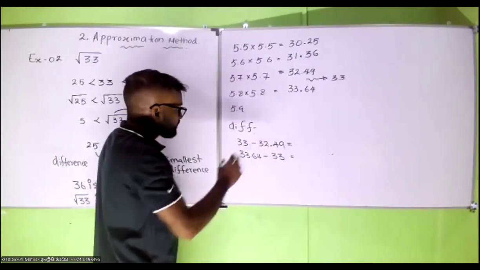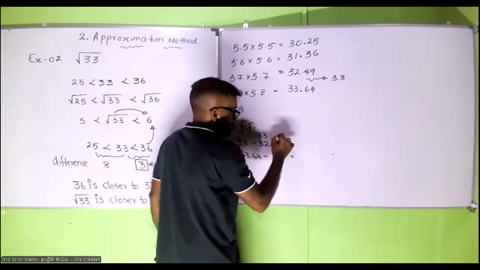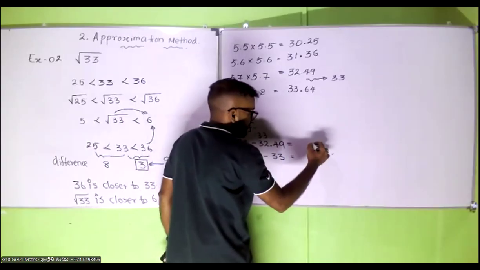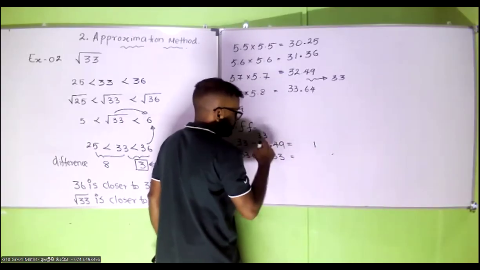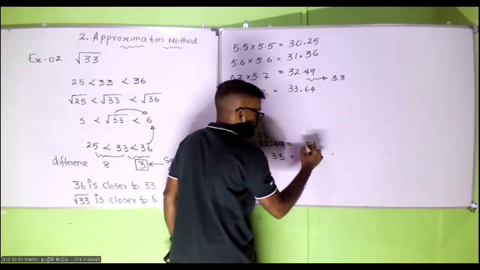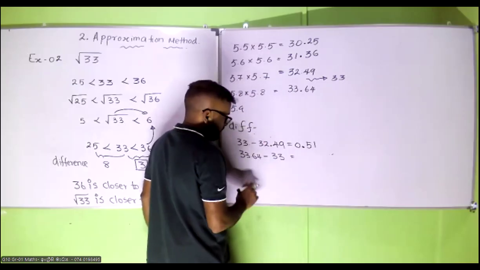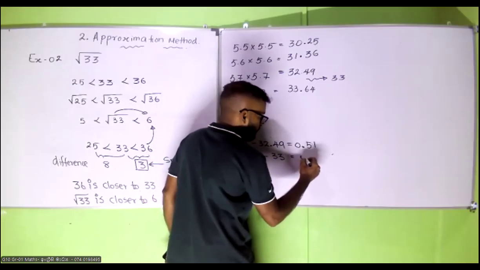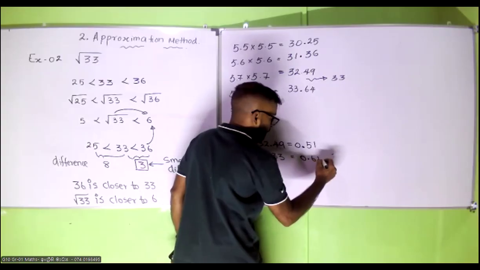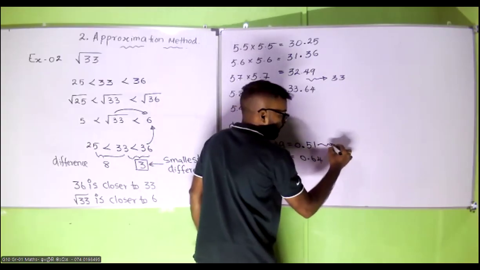Get the subtraction. 33 comes here. Then 10, 9, 1. So this is 0.51. And this one is 0.64. The smallest difference is this one.